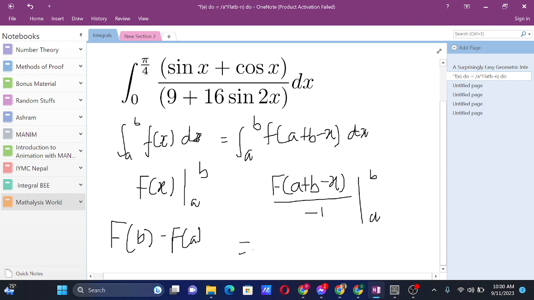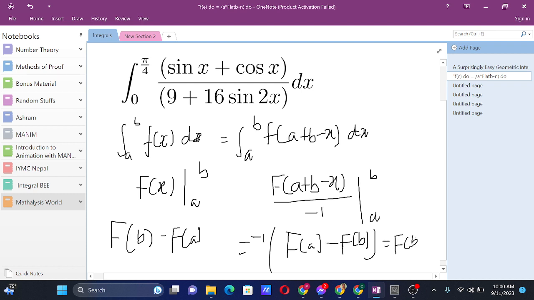This gives us negative 1. Let's take it out, and then we get F of a minus F of b. Just multiply by minus 1, and you get the required result.